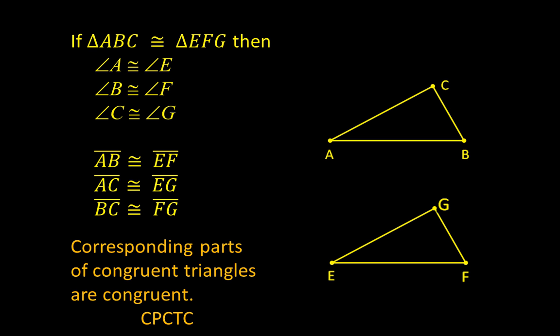So we can say that the corresponding parts of these congruent triangles are congruent. And when we start doing congruence theorems or do proofs, we're going to abbreviate that phrase as CPCTC, meaning corresponding parts of congruent triangles are congruent.